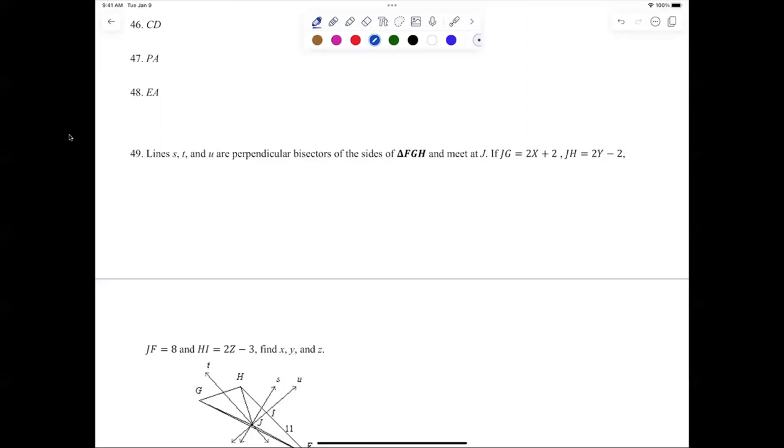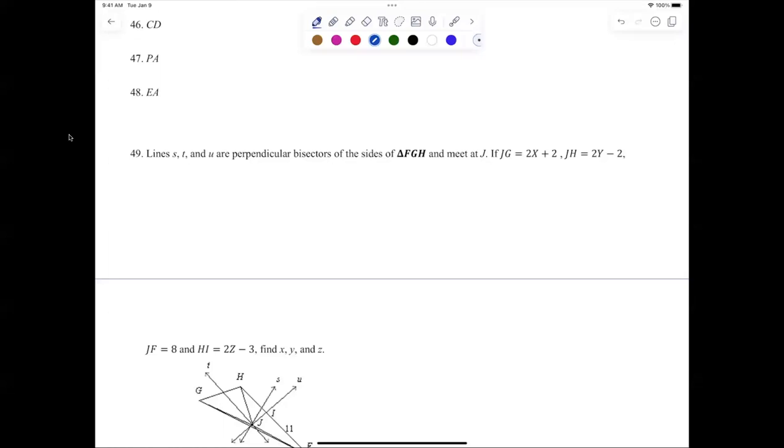The circumcenter is the perpendicular bisectors, and the orthocenter is from the angle perpendicular to the side. That's the altitude, or it's called the height. Those are the altitudes, or the heights, is the orthocenter.